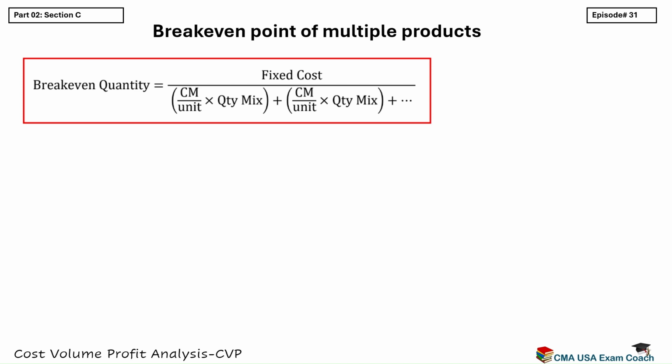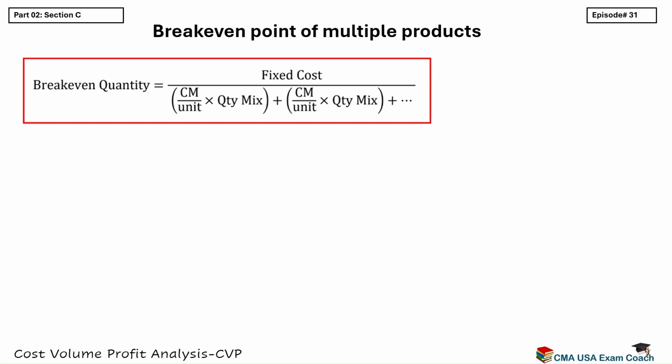In other words, break-even quantity equals fixed cost divided by, open bracket, CM per unit of Product A times its mix percentage, plus CM per unit of Product B times its mix percentage, plus any additional products. This gives you the total number of units, a mix of all products combined, that the company needs to sell to reach break-even.